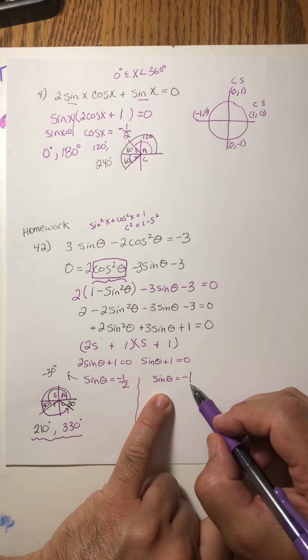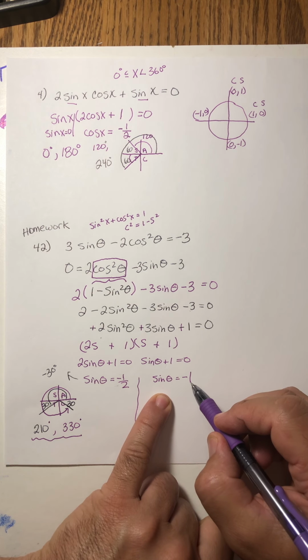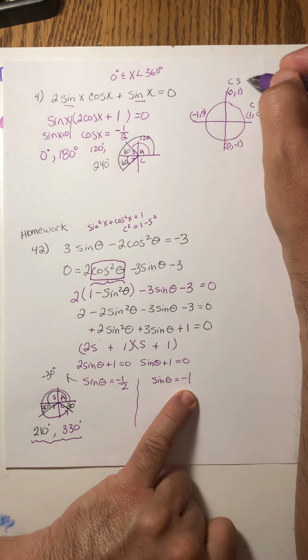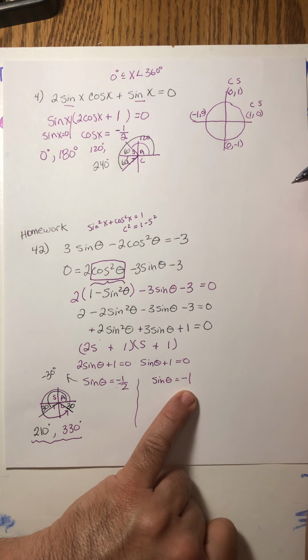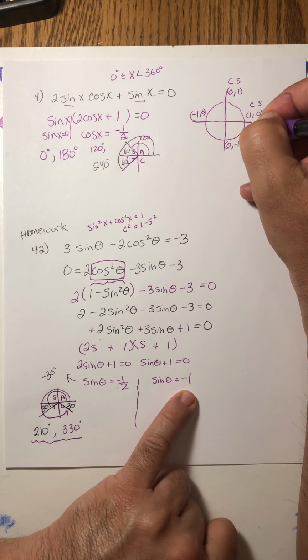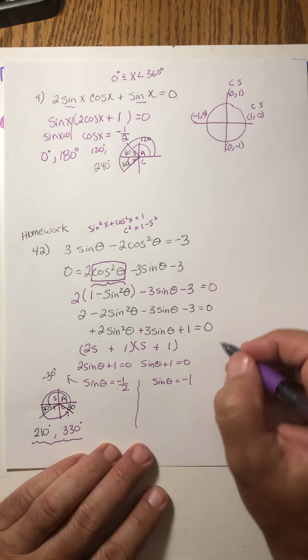Now, negative 1, here we go. That's a quadrantal angle answer. So where on the unit circle does sine equal negative 1? So where's the y value negative 1? Right down here at 270.